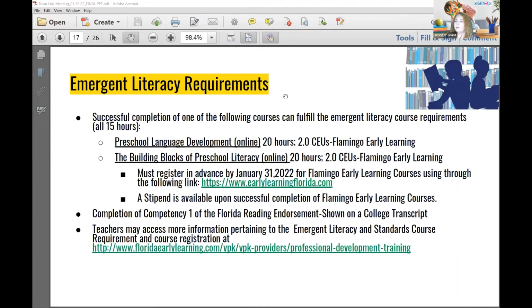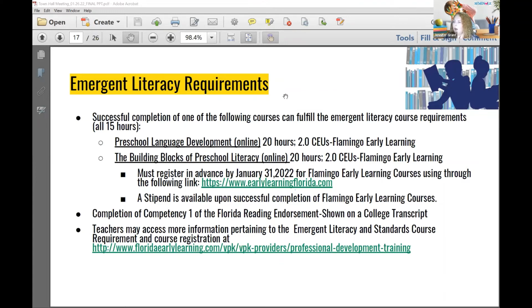Where do we have teachers sign up for the courses? We'll send out the flyer for you. You can see earlylearningflorida.com. That's for the Flamingo Early Learning courses. And then there are several other places that you can sign up. We have that flyer in the webinar that we'll pass out in the chat box, and we'll send it in a follow-up as well.